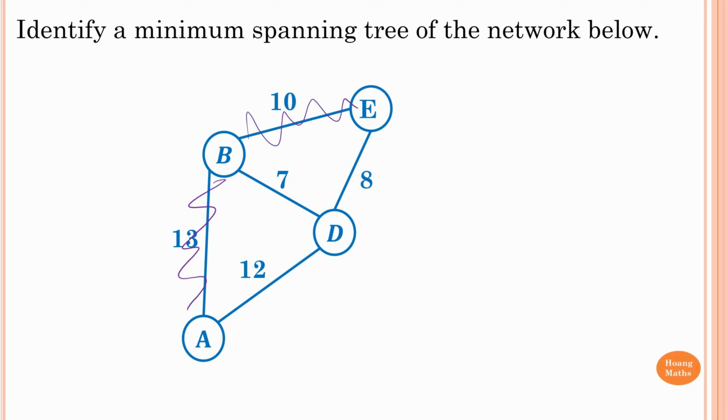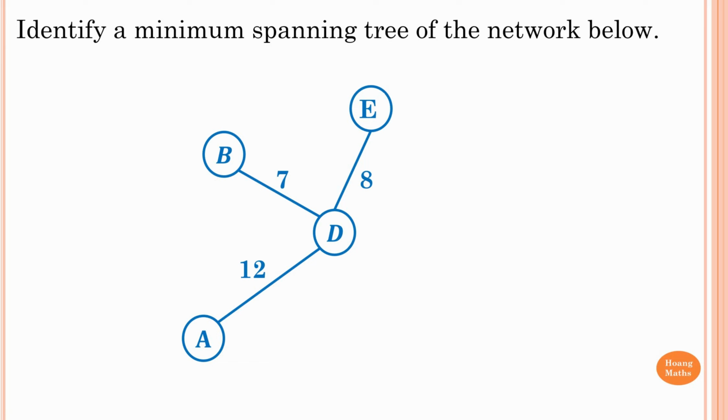If I remove 10, what happens? You have 8, you have 7, and then 12. These edges connect the 4 vertices together. So I can remove the 10 and the 13 now. If I remove them, that's what I get.